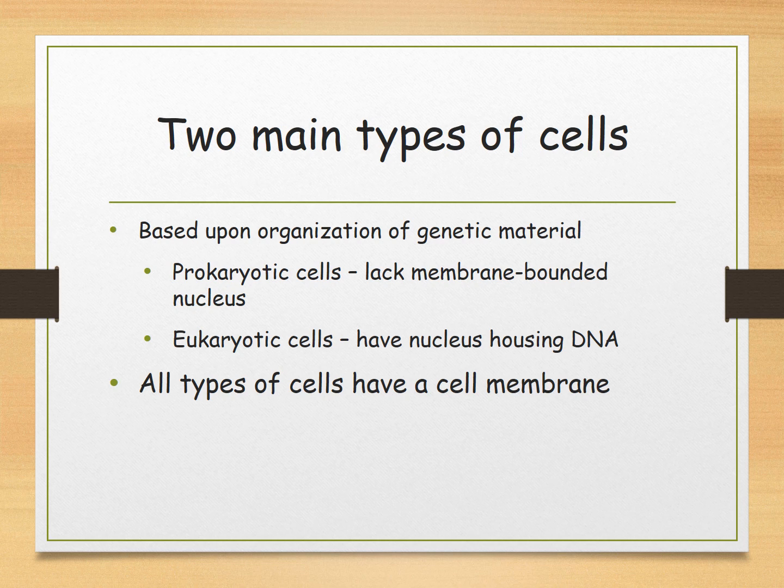The nucleus would be an example of an organelle. Prokaryotic cells are much simpler, and they lack a membrane-bound nucleus. They also don't have any organelles. Eukaryotic cells have a nucleus and have membrane-bound organelles. But keep in mind that all types of cells, whether they're prokaryotic or eukaryotic, have a cell membrane.